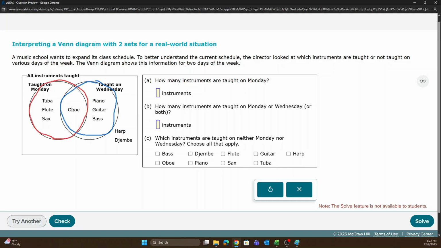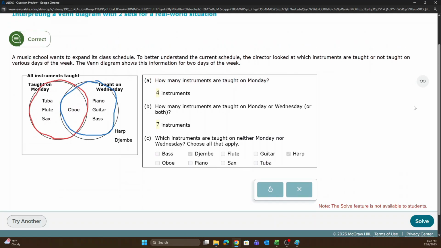That's tuba, flute, sax, and oboe, which is 4. How many are taught on Monday or Wednesday or both? That's all of them, so that's going to be 7. All of them inside the circles. And then which ones are taught on neither Monday or Wednesday? That's the things outside the circles. So that's just the heart and the djembe.